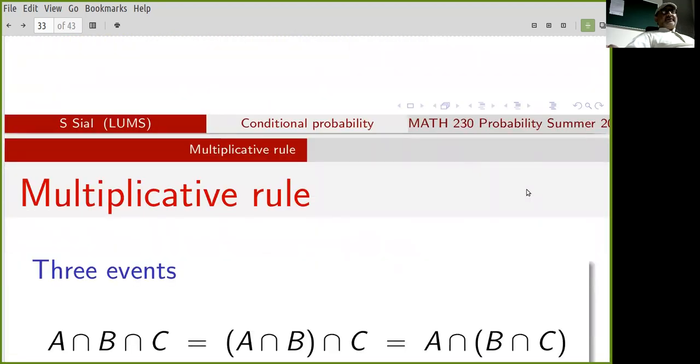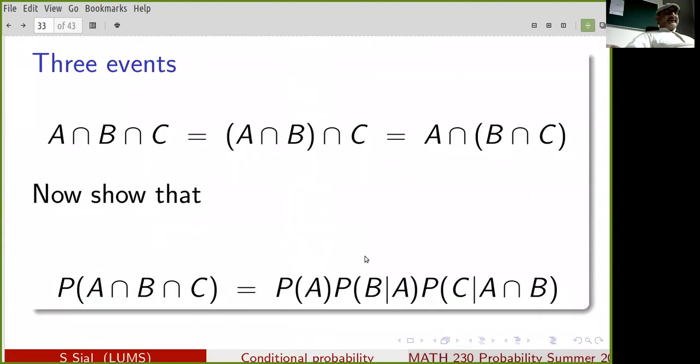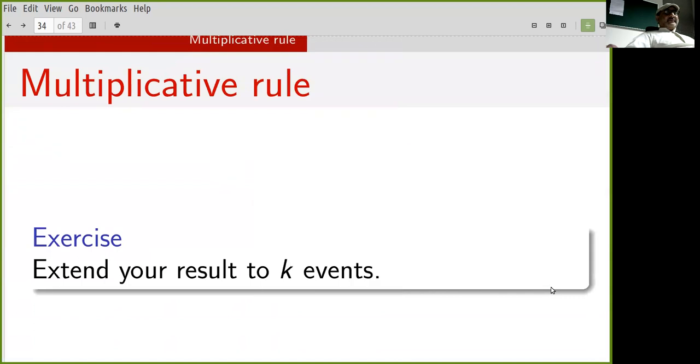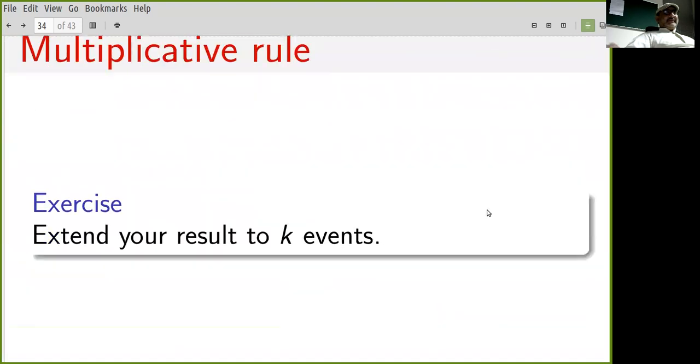Now, if you wanted to do this for 3 events, you would get that the probability of A intersection B intersection C is the probability of A times the probability of B given A times the probability of C given A intersection B. And you should work this out for more than 3 events. You have to play around a little bit, right? You would manipulate the definitions.